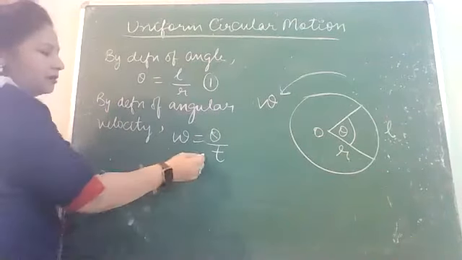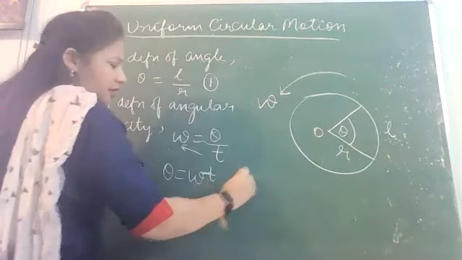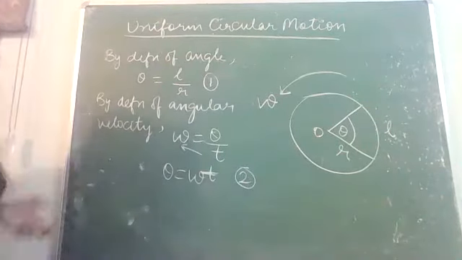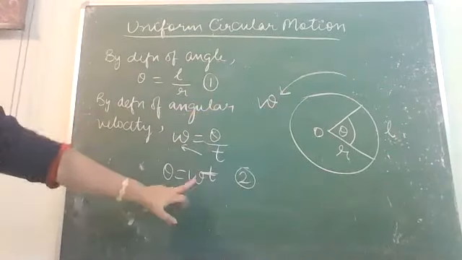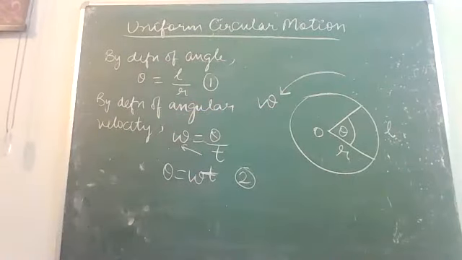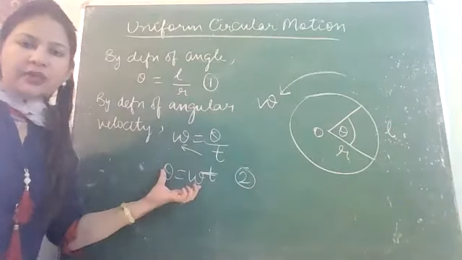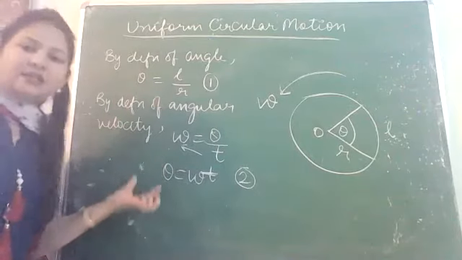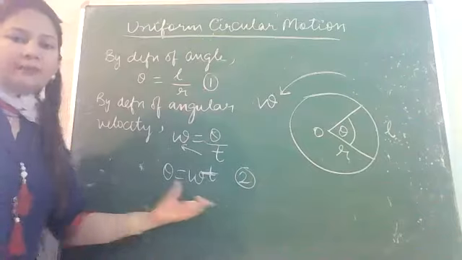Cross multiply, theta will be omega t. Is this step clear? Let us say this is equation number 1 and this is equation number 2. Now compare equation number 1 and 2. Their left hand side is the same, right? So that means their right hand side must also be the same.